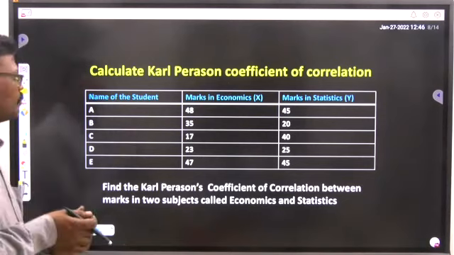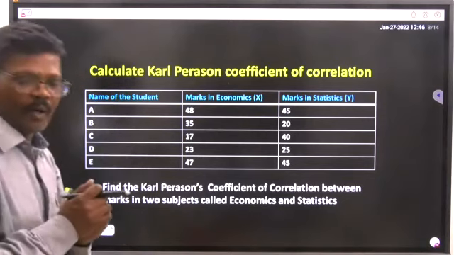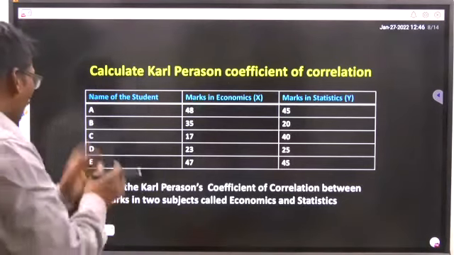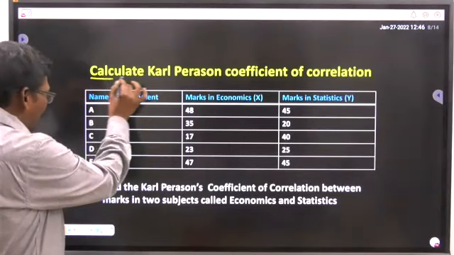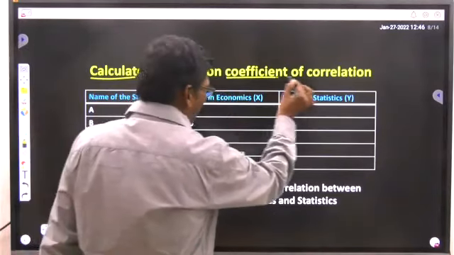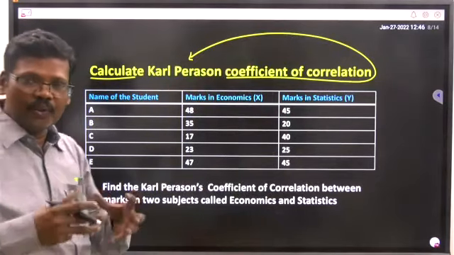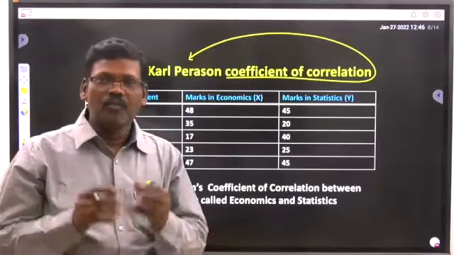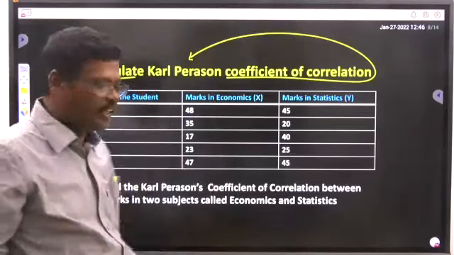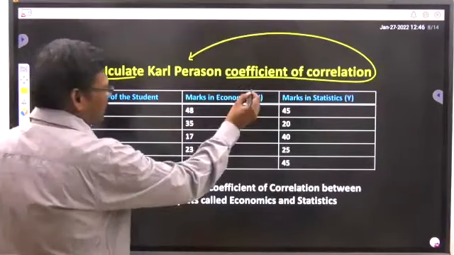Suppose this is the problem given: calculate the coefficient of correlation through Karl Pearson's method between these two variables.